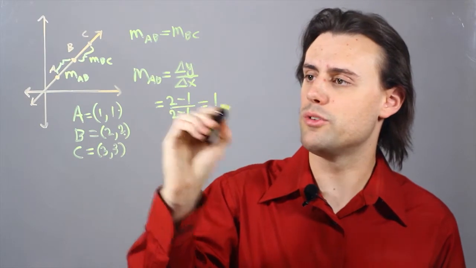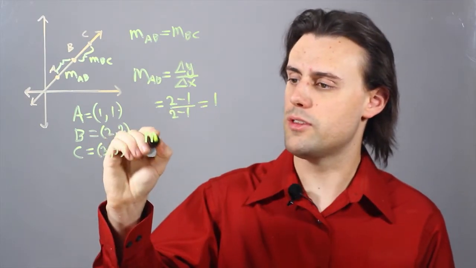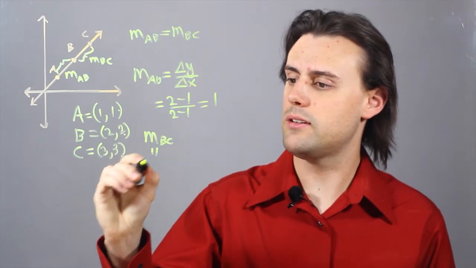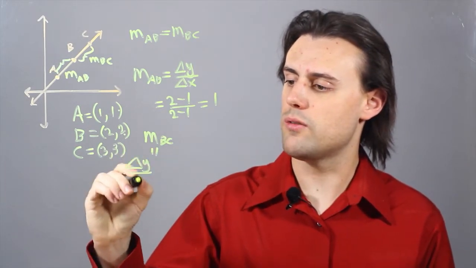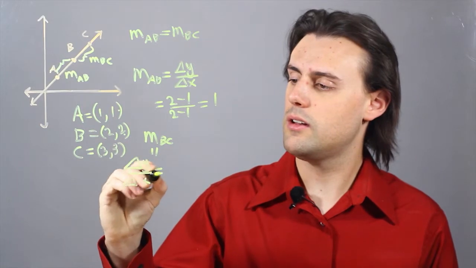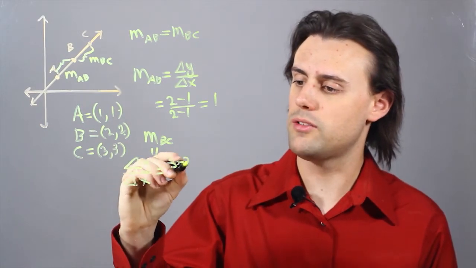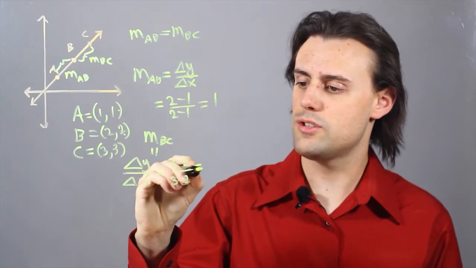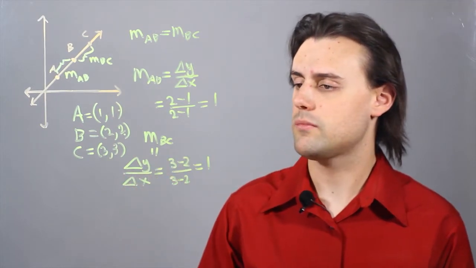And this is simply equal to 1. We do the same for m sub BC, and we get the change in y over the change in x as 3 minus 2 divided by 3 minus 2, which is also equal to 1.